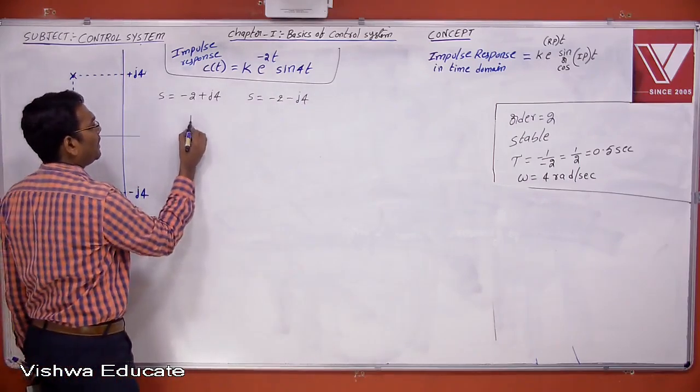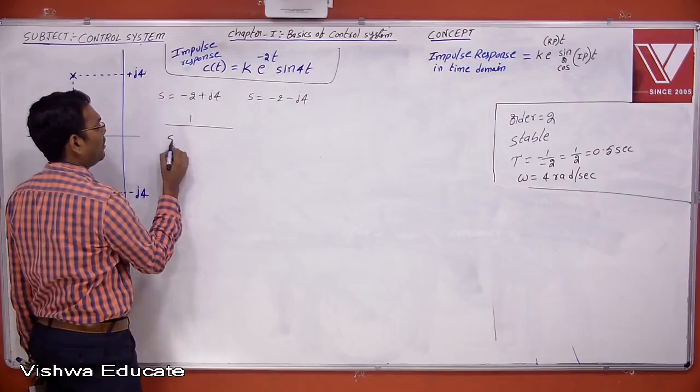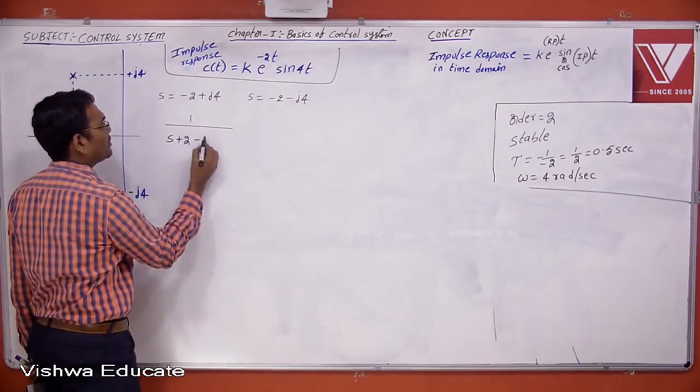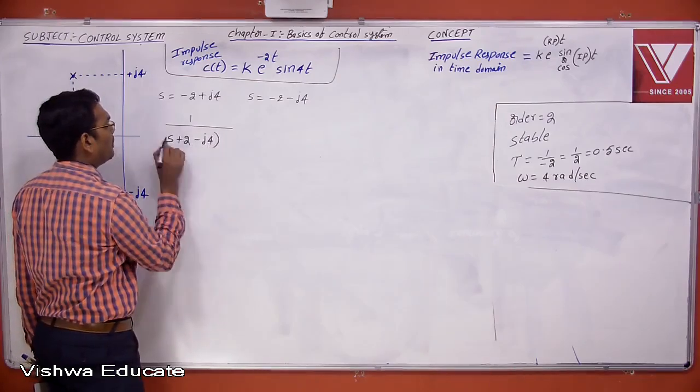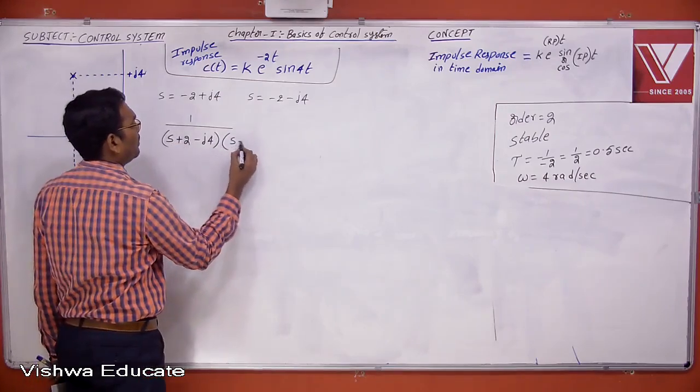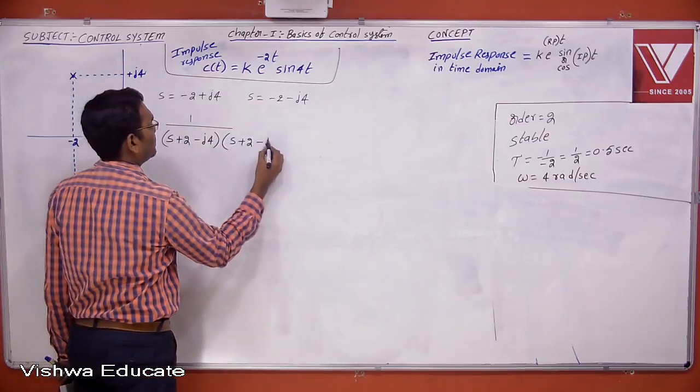Therefore, can I write like this? The poles mean the denominator polynomial: 1 by (s plus 2 minus j4) into 1 by (s plus 2 plus j4).